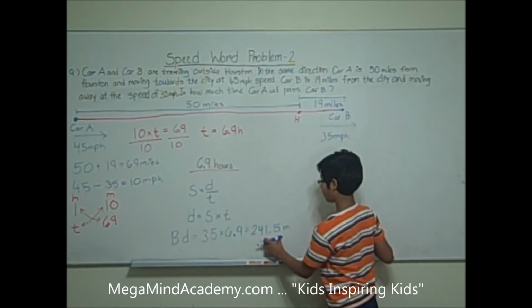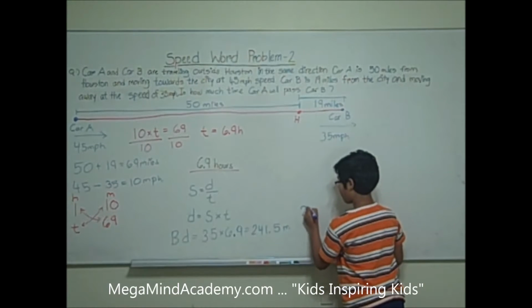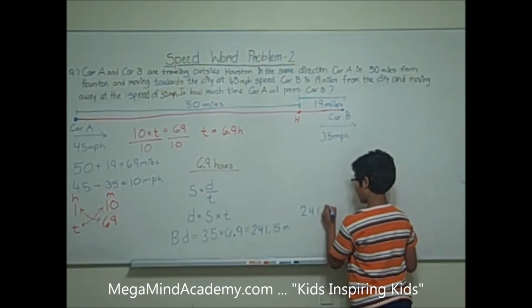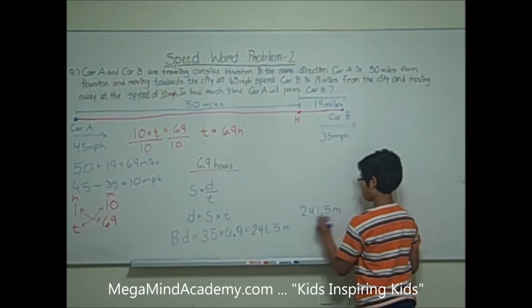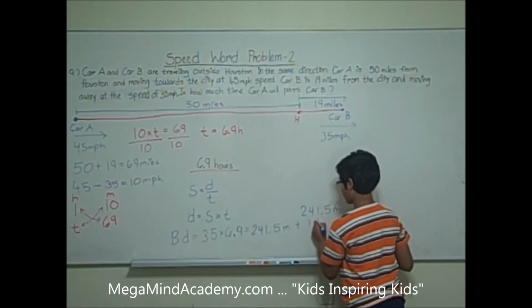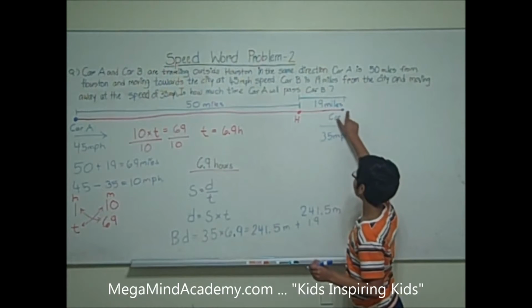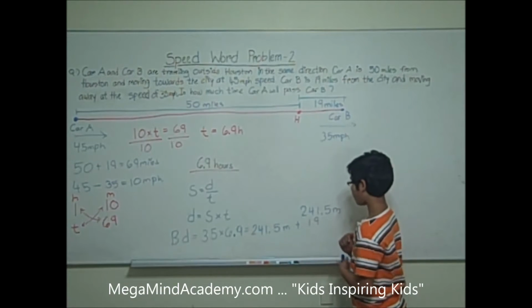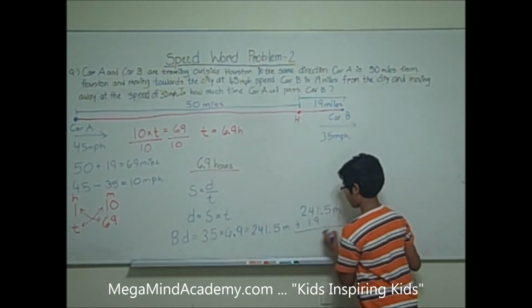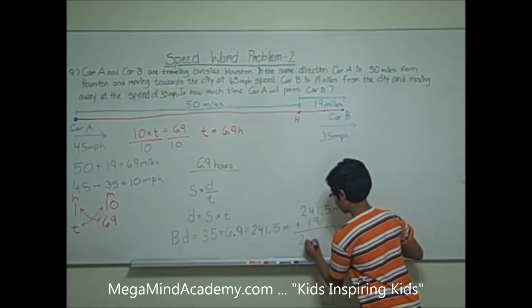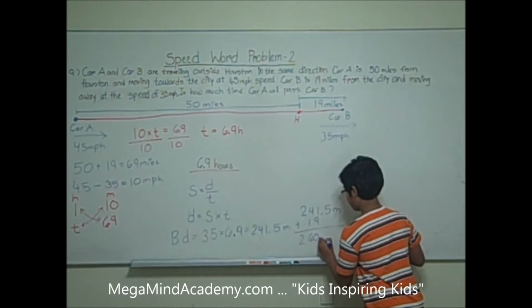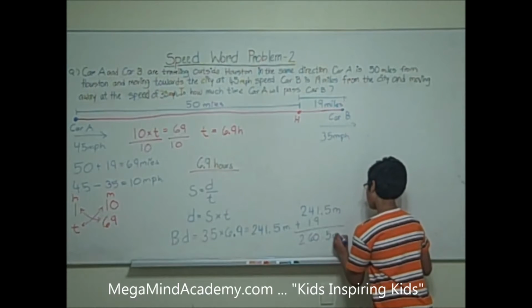So let's do that. 241.5 miles plus the extra 19 miles of a head start that he had from Houston to car B, which is 260.5 miles.